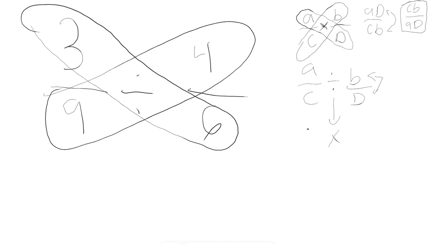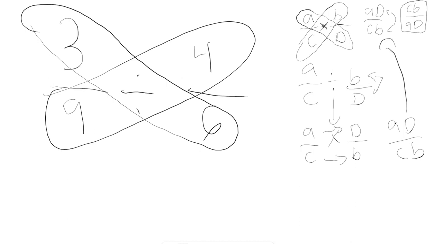So now you end up with A over C times D over B, which then gets multiplied straight across to give you AD over CB, which is ironically that answer there.